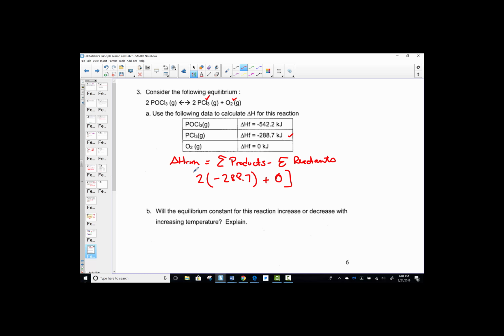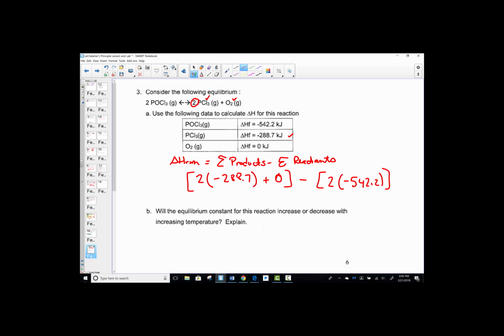So the sum of my products, the 2 coming from the 2 moles of PCl3 plus 0. There's the products minus the reactant. There's 2 moles of POCl3, which is given to us at a value of negative 542.2.